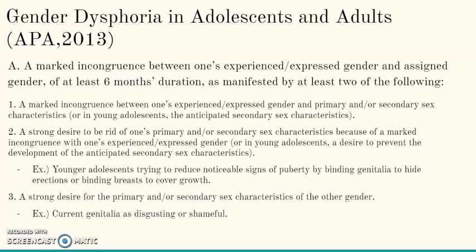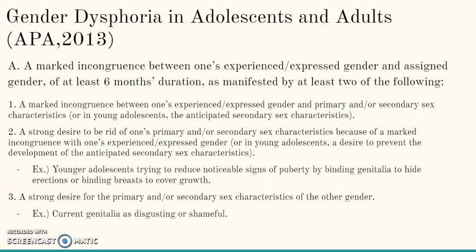Starting with criterion A, which is very similar to that in children, a marked incongruence between one's experienced gender and assigned gender lasting for at least 6 months, with 2 of the following characteristics. A marked incongruence between one's experienced gender and primary or secondary sex characteristics, or in younger adolescents before puberty, the anticipated secondary sex characteristics.